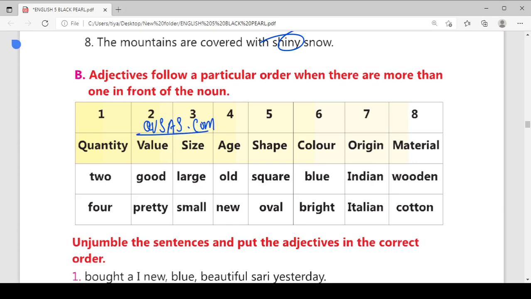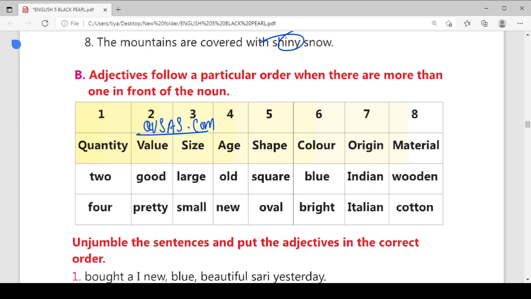This is the name of the website. To memorize the order of the adjectives, remember QVSAS.com. Quality, value, size, age, shape, and .com, where com means color, origin, or material.